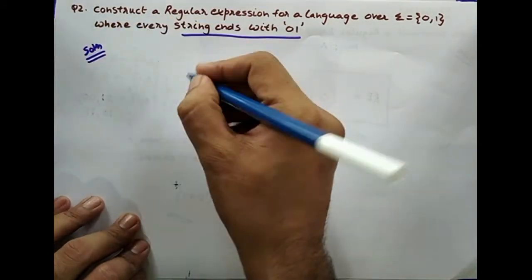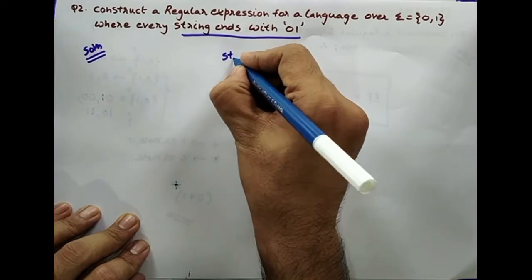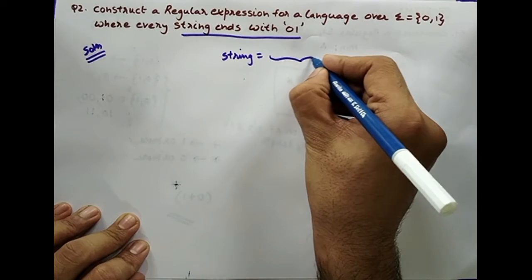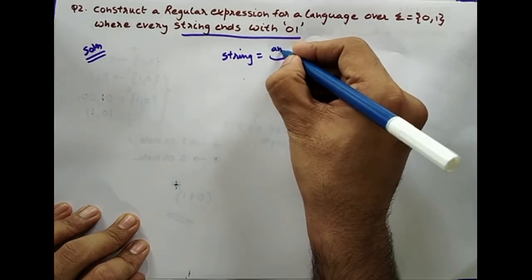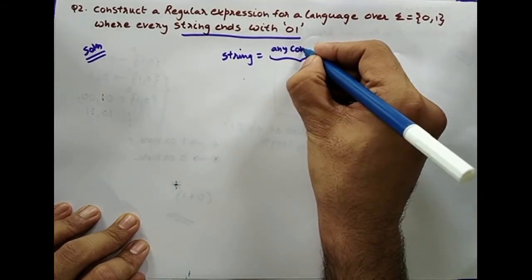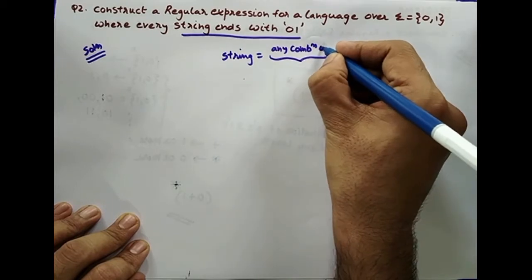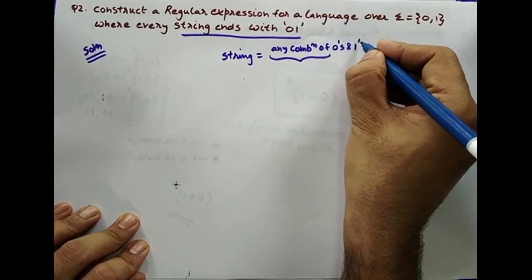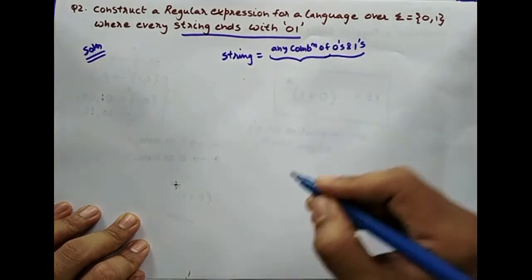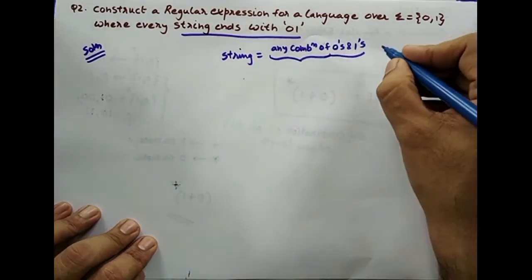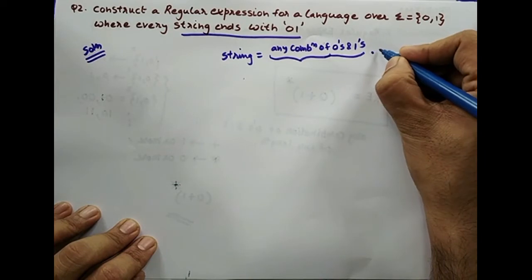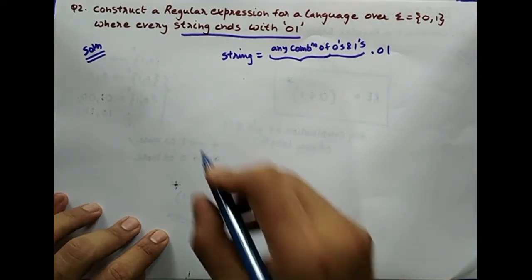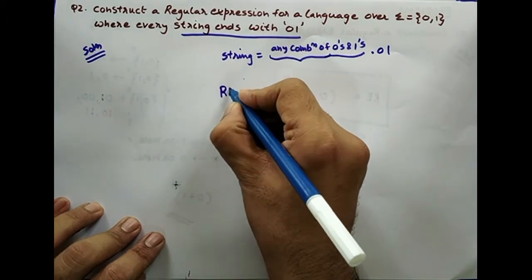What kind of string is accepted? The first half can be any combination of zeros and ones, but the string should end with 01.